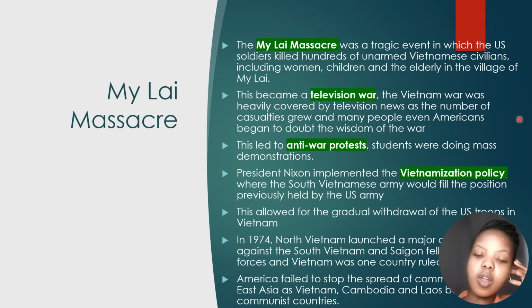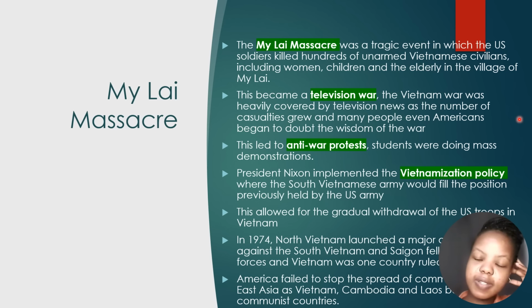Okay, so all of those strategies that we spoke about previously were employed under the leadership of President Johnson, right? Now we are being introduced to President Nixon, who stepped up as president after President Johnson didn't come back to run for elections. President Nixon implemented the Vietnamization policy, where the South Vietnamese army would fill the position previously held by the US Army.